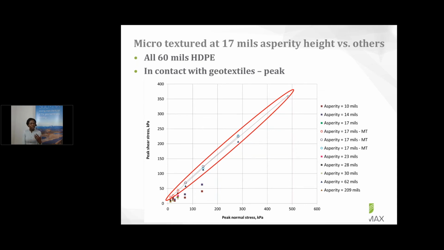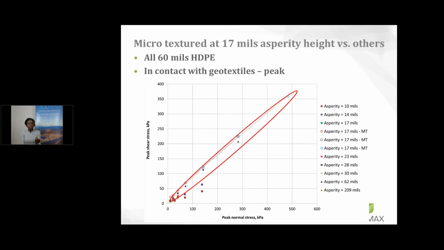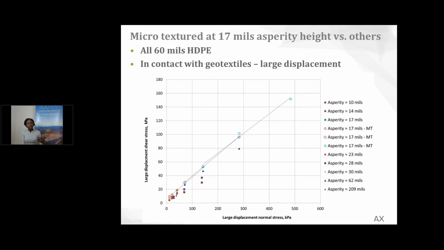So along the same lines, if you look at the one for the 62 mils asperity, which is the blue triangle there, it falls right under or very close to what we achieved with the microtexturing process. So similarly, for the large displacement or the residual, the post-peak, again, the vertical axis is the shear strength, and then the horizontal is the normal stress.